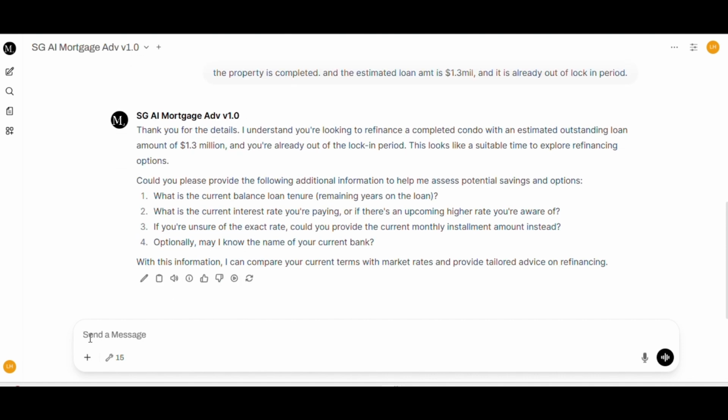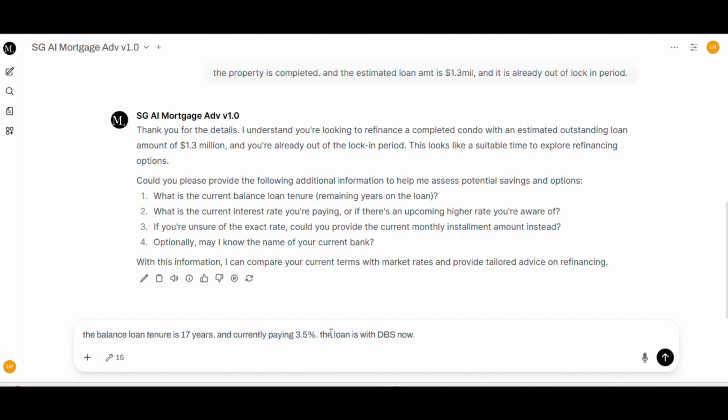Further, the AI asks what is the balance loan tenor. We can simply reply with the estimated loan tenor, because most people don't remember the exact months, right? It doesn't matter because this is just a self-assessment.